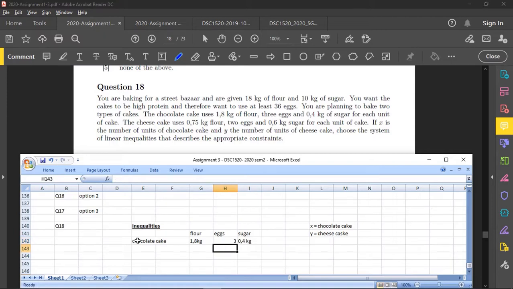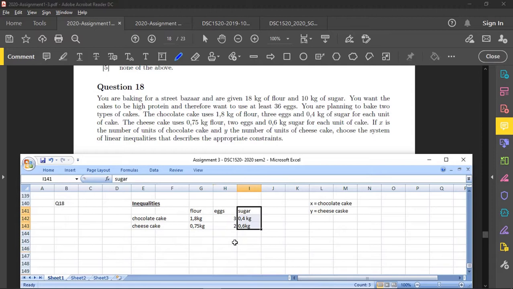What else do we have? We've got the cheesecake. In terms of flour, 0.75 kg, 2 eggs and 0.6 kg of sugar. So if I'm looking at the flour, the eggs, and the sugar, I just need to put in the variables.